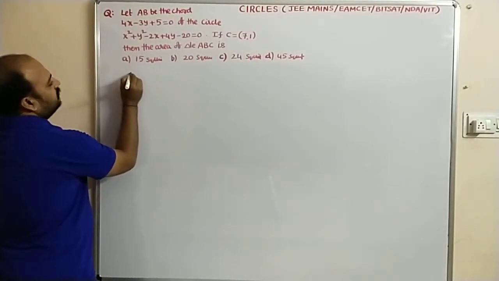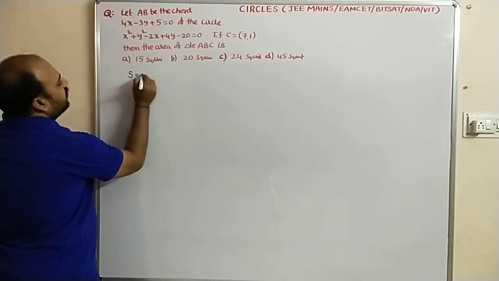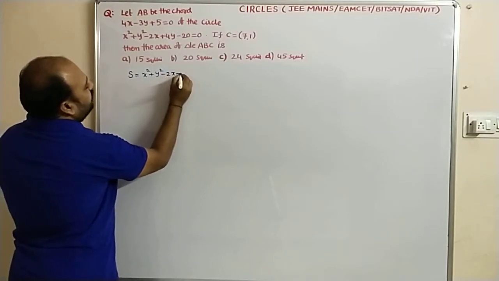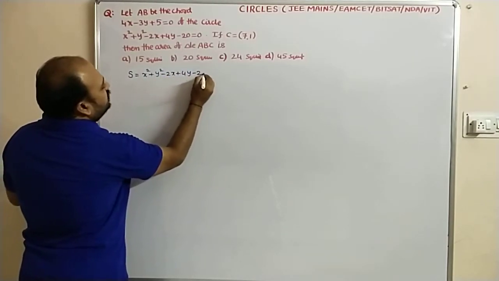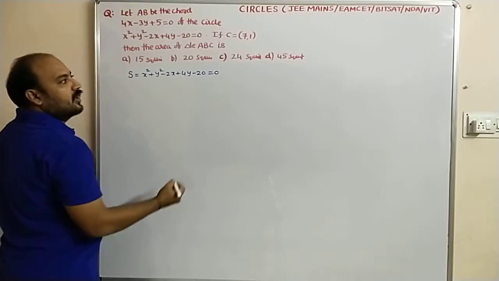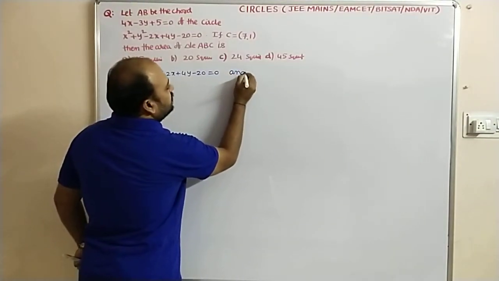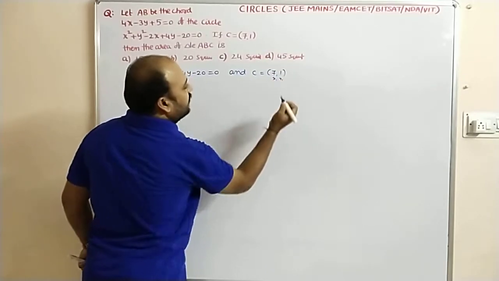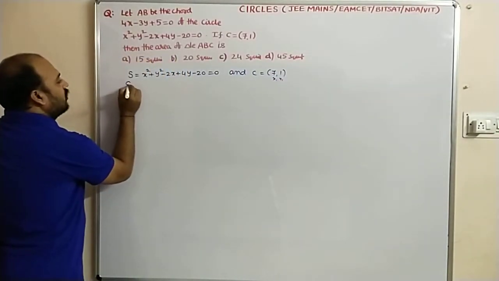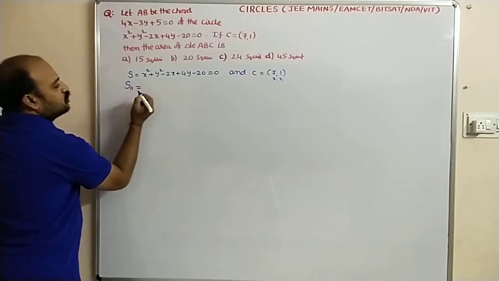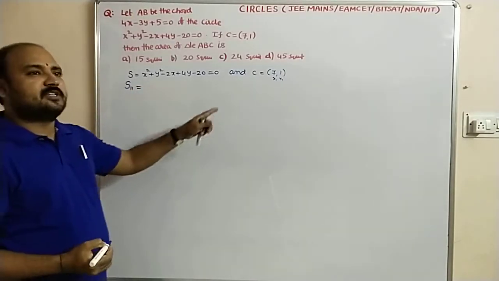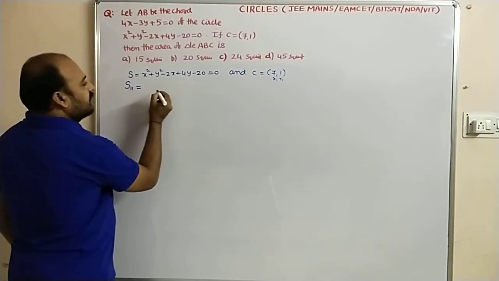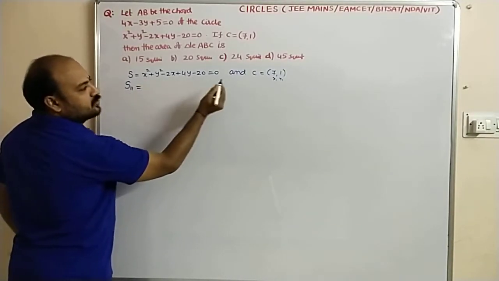Given circle S is equal to x square plus y square minus 2x plus 4y minus 20 equal to 0, and point C equal to 7 comma 1, which I am assuming as x1 y1. I am calculating the value of S11 to find the position of the point C with respect to this circle. S11 means, in place of x and y, substitute x1 y1.